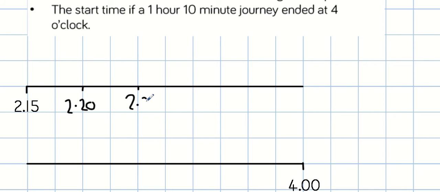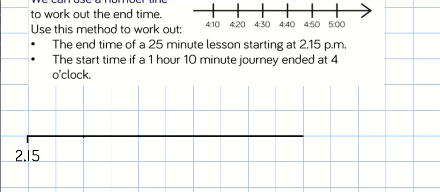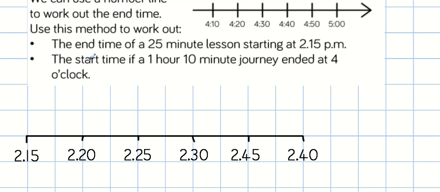And I'm going to keep going until I get to the end of my number line. And when I've finished, it's going to look something like this. And then I know it's a 25-minute lesson. So I might go up 5 minutes each time until I get to 25 minutes further forward.